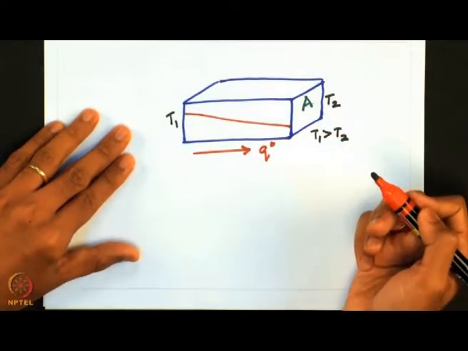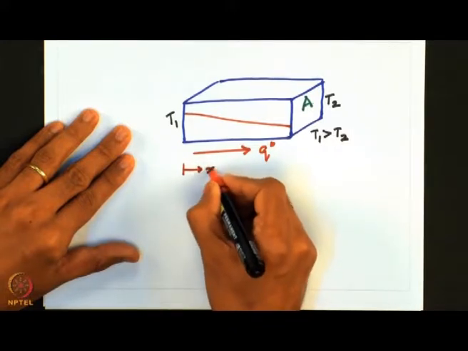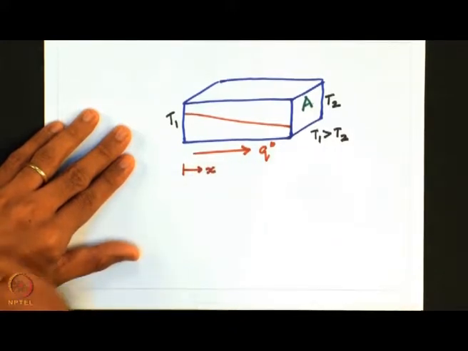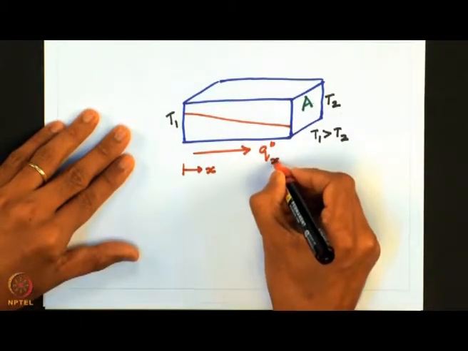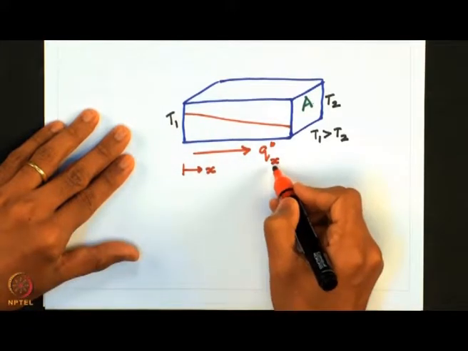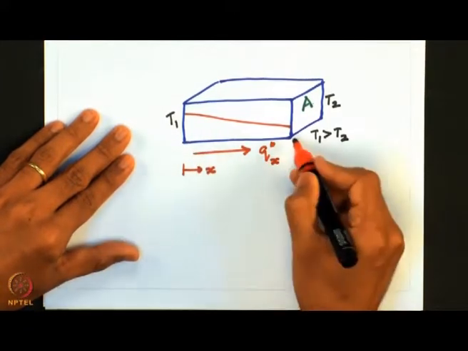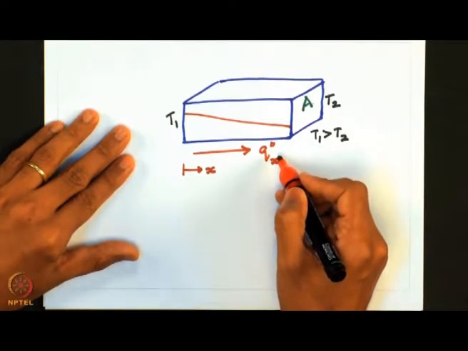Suppose I draw coordinates and say that this direction is the x direction, then the flux of heat that is transported can be written as the flux in the x direction, generally referred to as qx double prime.